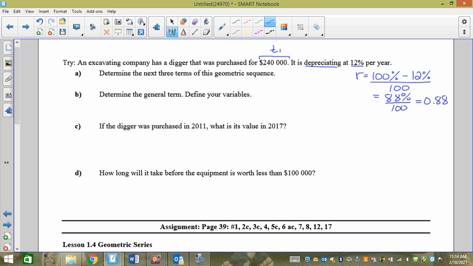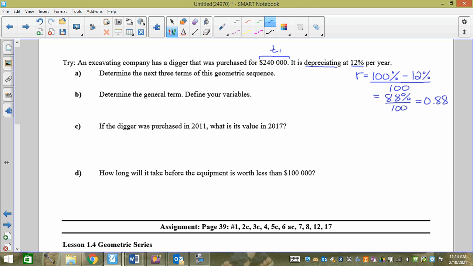R's you multiply to get to the next term, D's you add to get to the next term. For arithmetic sequences, you'd add your D, and to go the other way, you'd subtract your D. With R's, you multiply your R to go to the right, and divide your R to go to the left. It's the same thing, it's just a word problem.